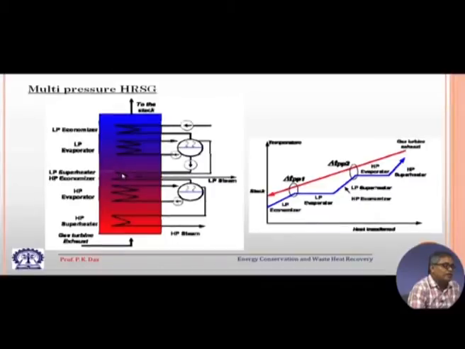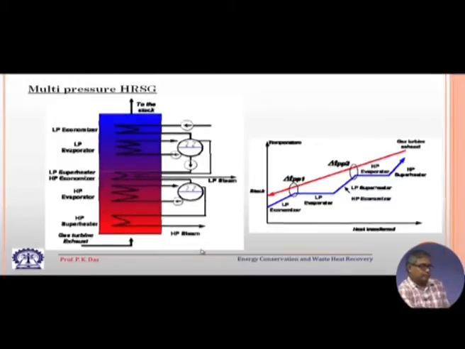So, now its temperature can be elevated further so that it is suitable for the HP drum. So, this can be considered as HP economizer. So, in HP drum it comes, again in HP drum there is a circulation, steam is being produced. So, steam will be taken from this and there will be some sort of a HP superheater and it will go out.